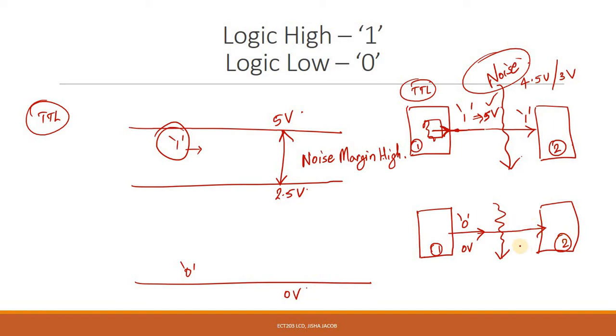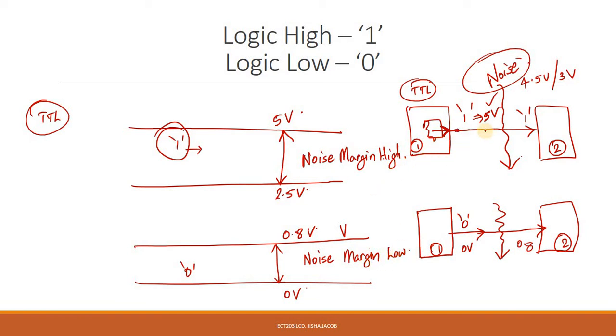It may not be 0 volt, it may be a voltage greater than 0 volt, say 0.1 or 0.2, and so on. So I have to make some allowance for noise, say up to 0.8 volt. That is a value for TTL. So 0 up to 0.8 volt is the tolerance of noise in the case of TTL. So this margin which you have allowed because of noise is referred to as noise margin low.